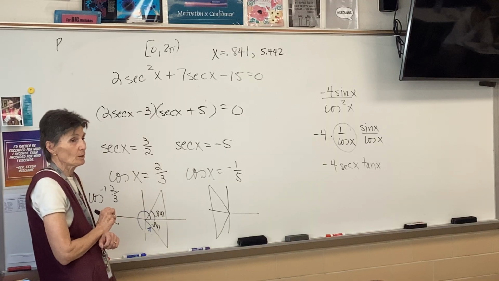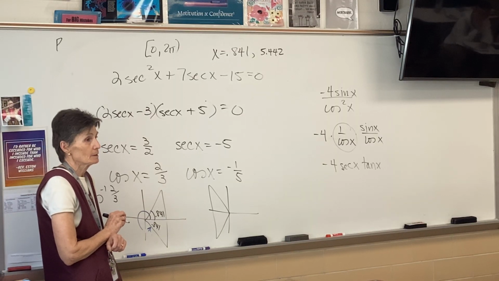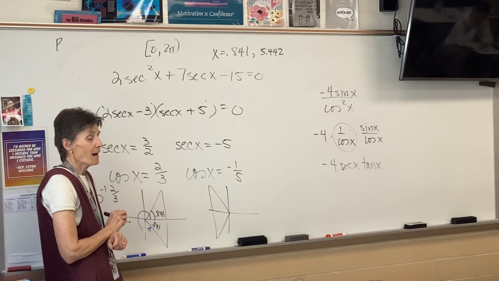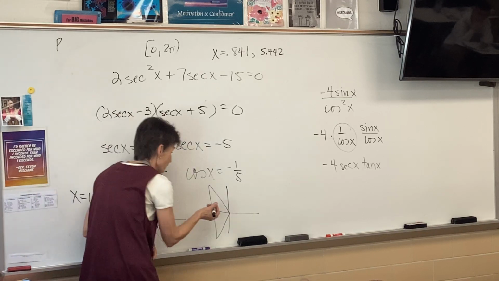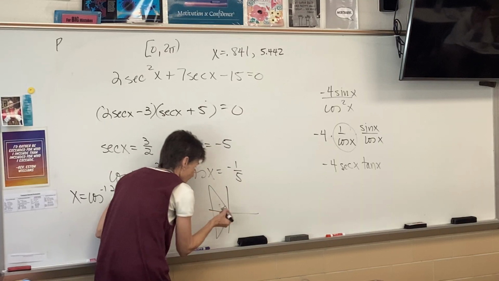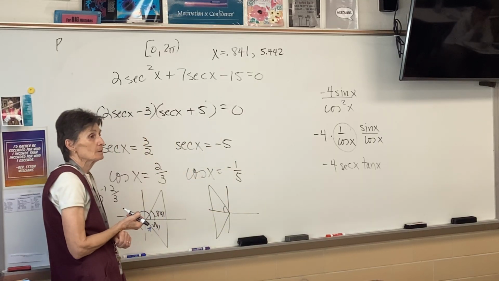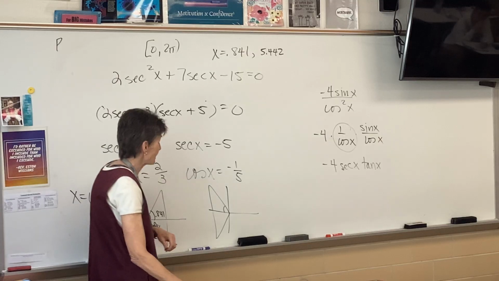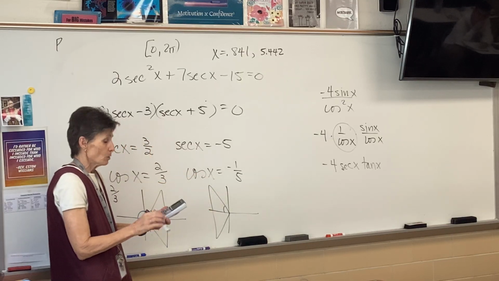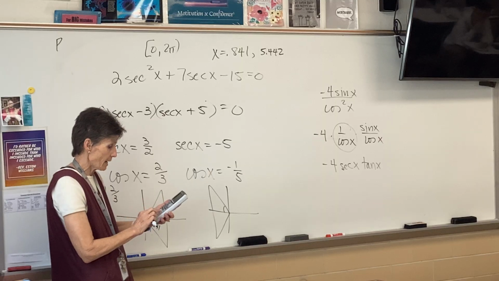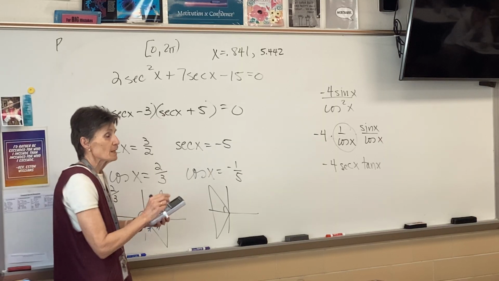Now, I need you to be really careful with this one. My suggestion is that we find this angle right here, and to find that angle, we don't use the negative. We just do second cosine 1/5.